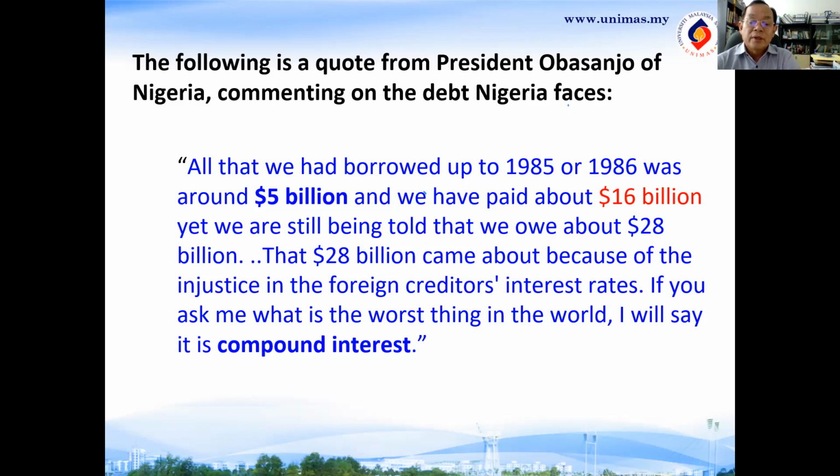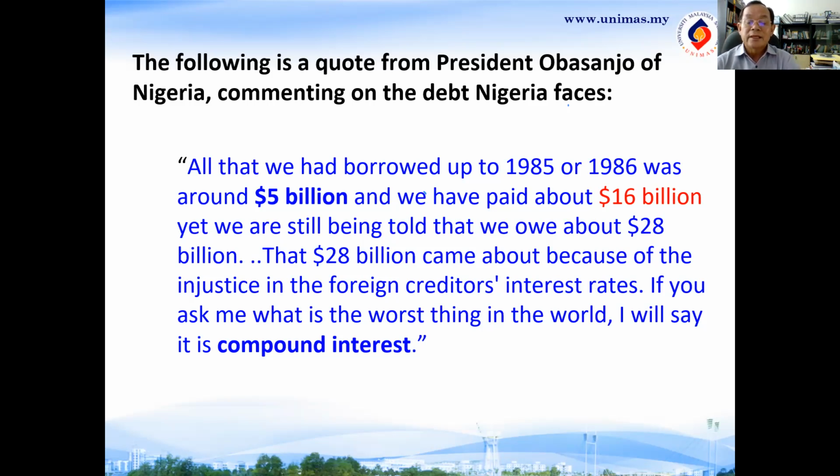That's all they borrowed. And we have paid about 16 billion of the initial 5 billion, yet we are still being told that we owe about 28 billion. So 5 billion, but in the end they have paid 16 billion, and then they were told there's still about 28 billion remaining.